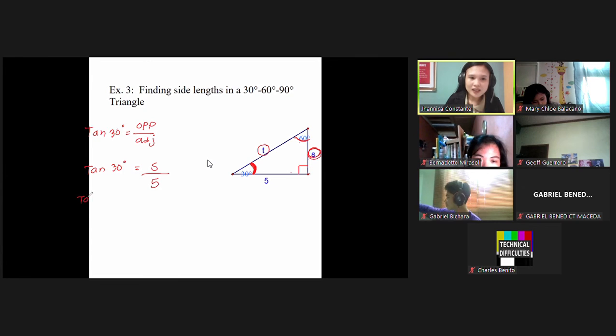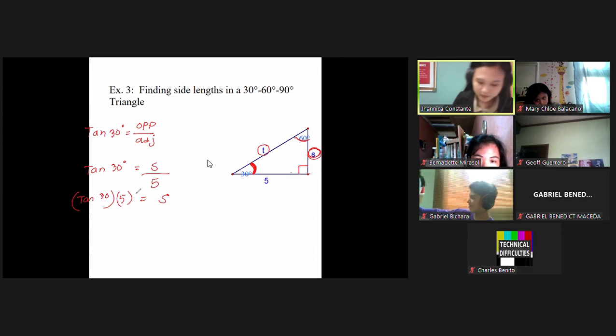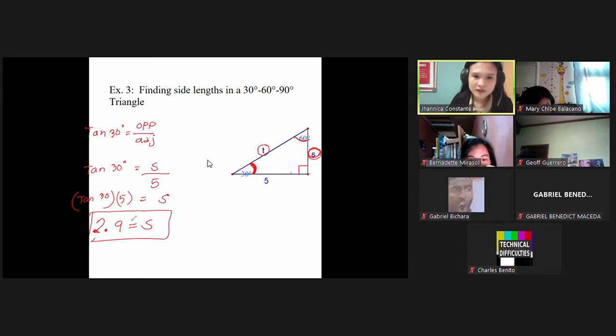So tan 30 times 5 equals the measurement of side S. So tan 30 times 5 is equal to 2.9 for our side S. So we have the measurement for side S, which is 2.9.